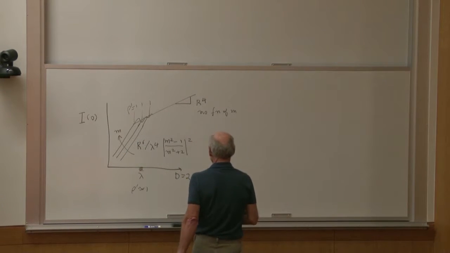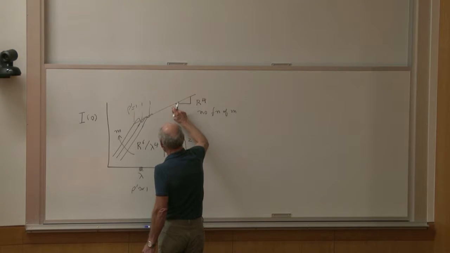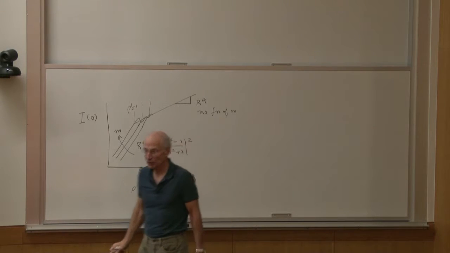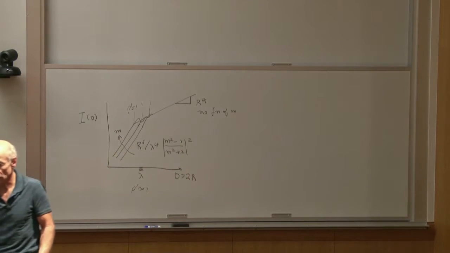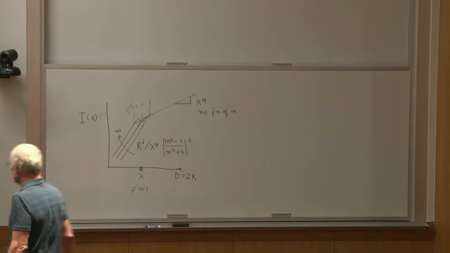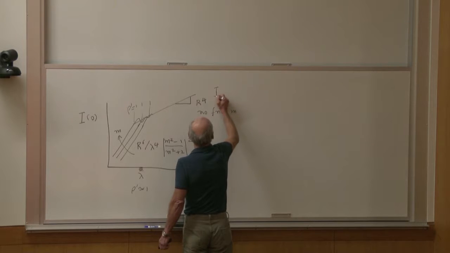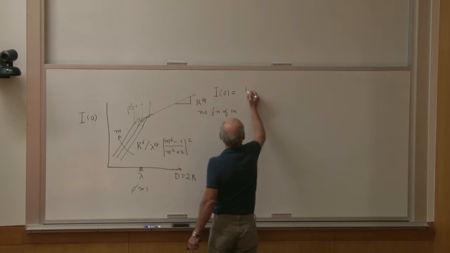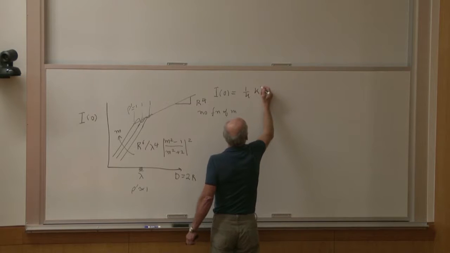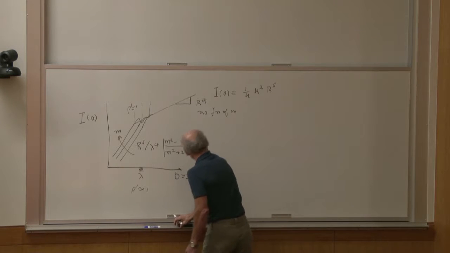Oh, and then finally, I would be remiss not to remind you that the limit at large rho prime of scattering from a sphere is circular aperture diffraction, right? So a baseball, for instance, is long, deep into that regime, and circular aperture diffraction has I0 of 1/4 k squared r to the 4th.